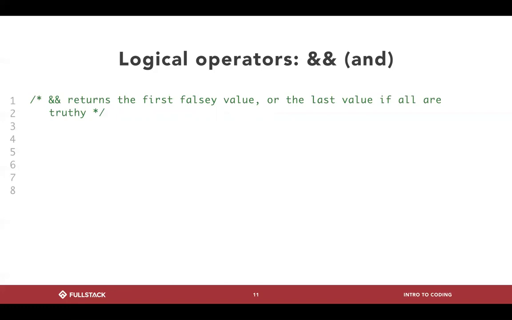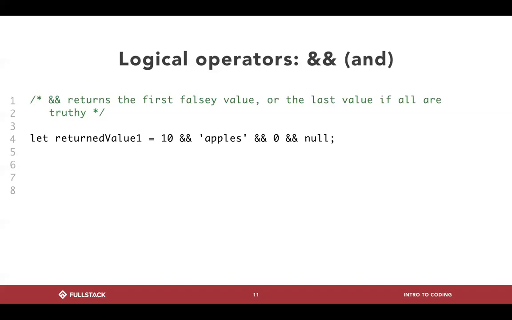If both things are true, then the whole thing is true. So it does two things, right? In this case, returned value 1 is going to find the first falsy value or the last truthy value.